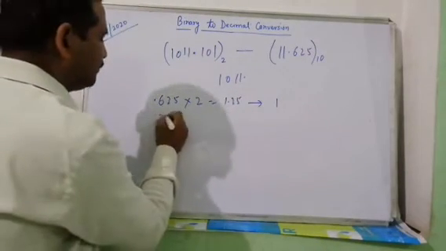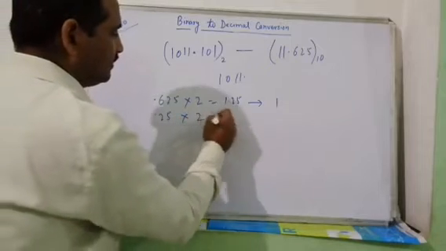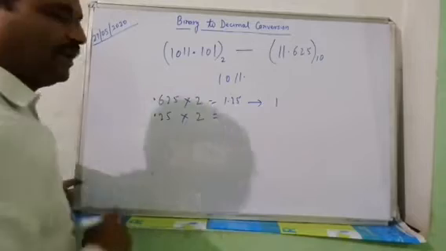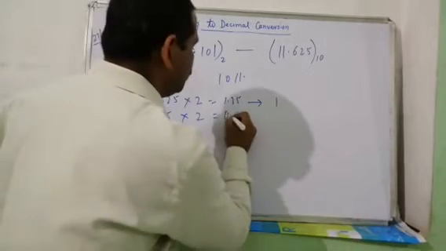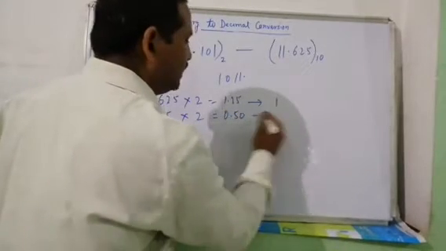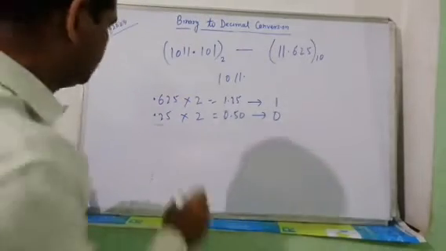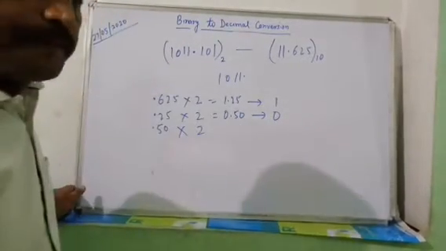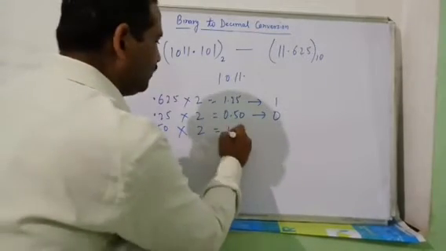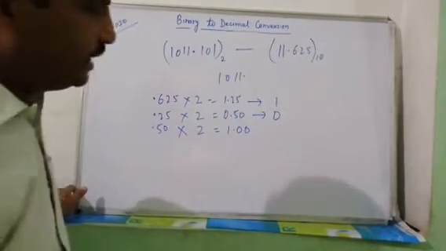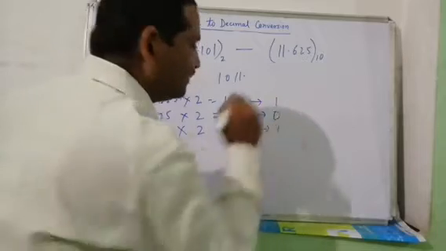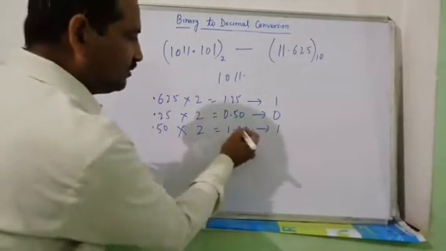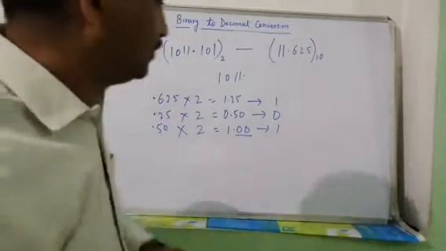The decimal part we have to write this side. 0.25 into 2 will be 0.50. The integer part is 0. 0.50 into 2 will be 1.00. Integer part we have to write this side. Now the decimal part is 0, so we have to stop calculation.